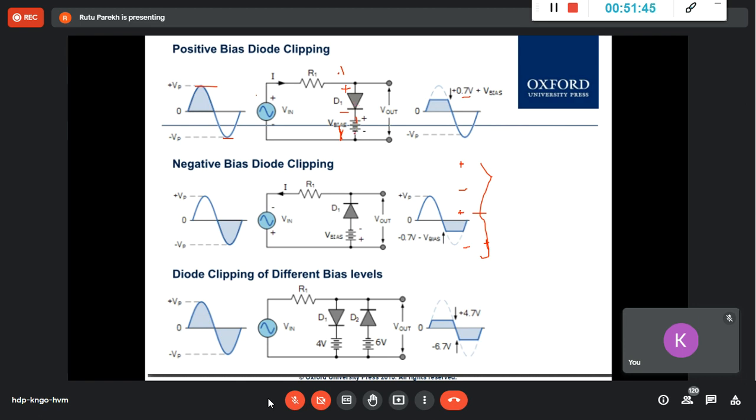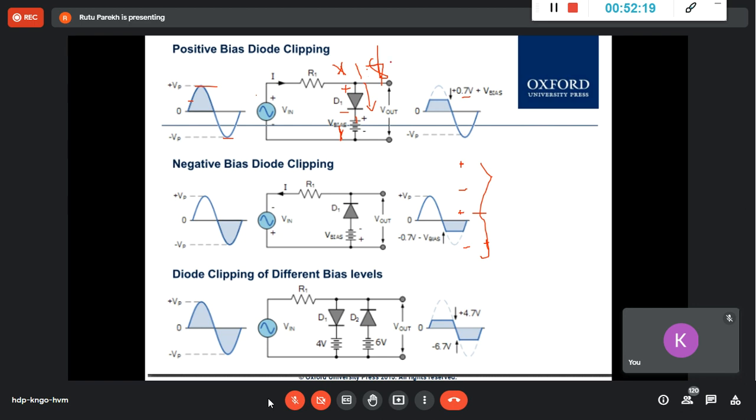So if this is 1 volt and the drop here is 0.7, this will only conduct if this potential is 1.8. This will conduct at 1.8. Below that, up to 1.7, it will not conduct.